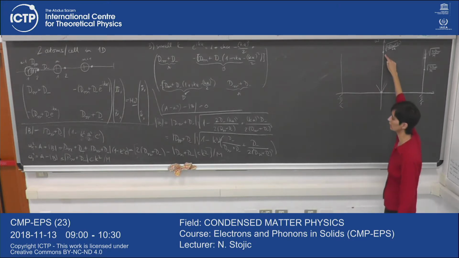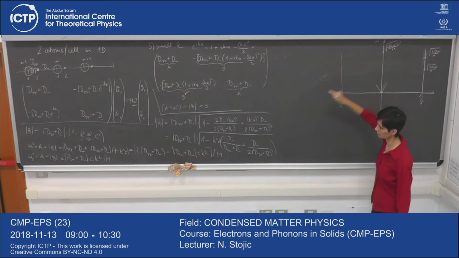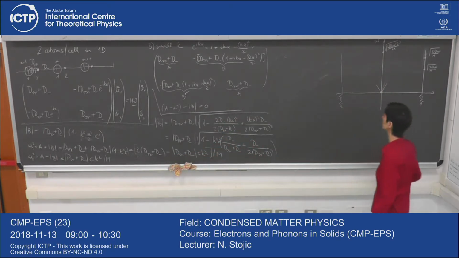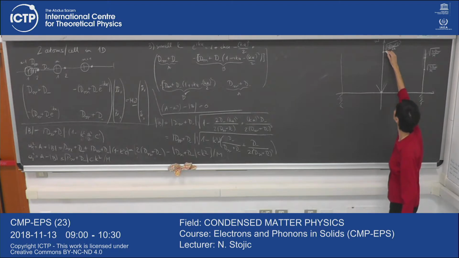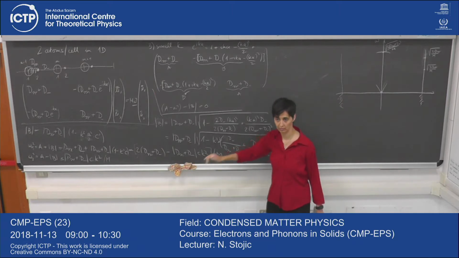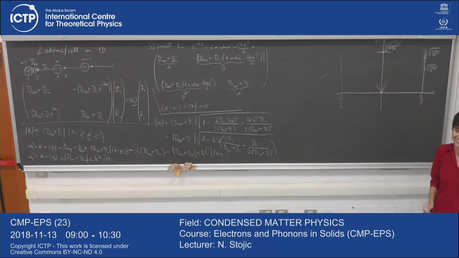It will start from here and will very slowly decrease as the square root of a minus k squared, going flat, going down. So this is how much we derived. This is it. We didn't derive more.